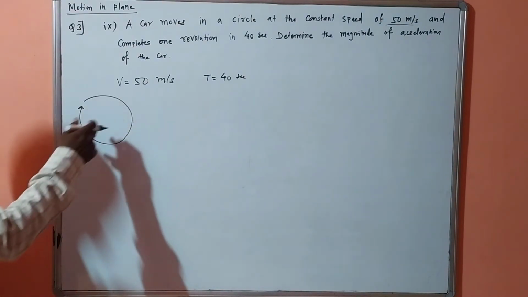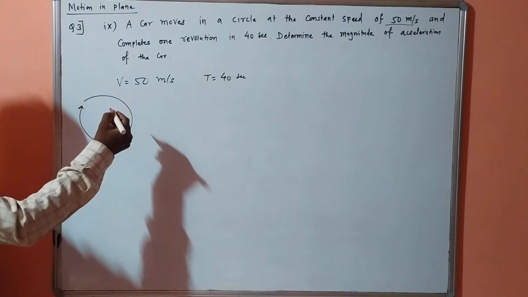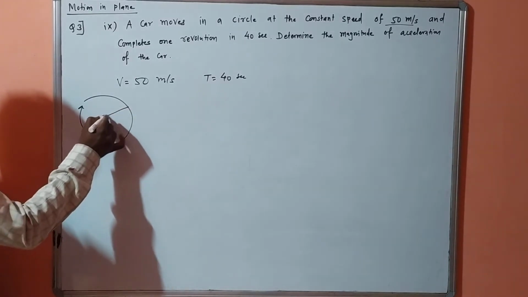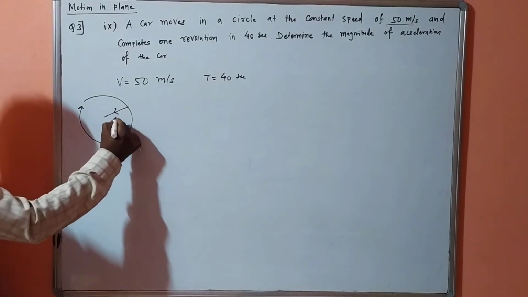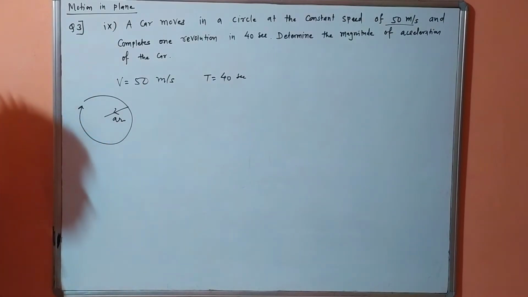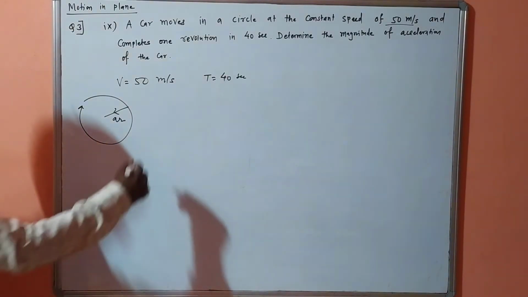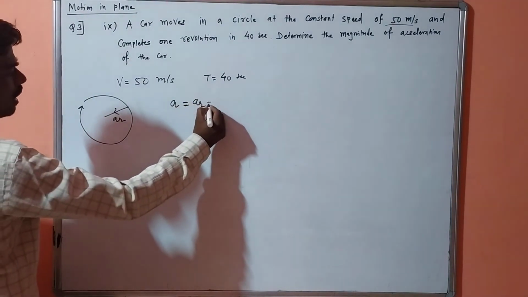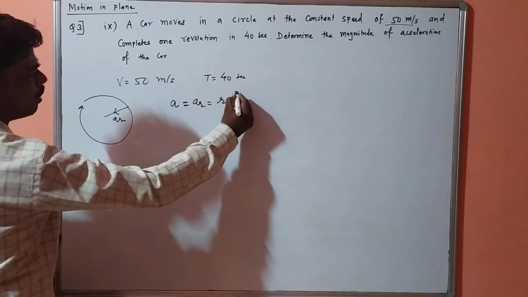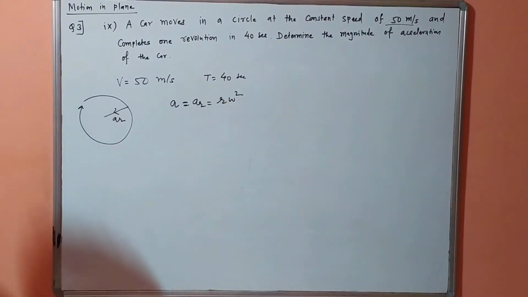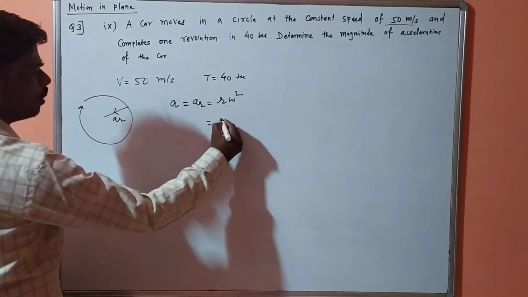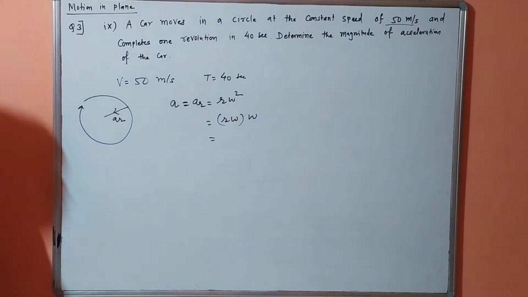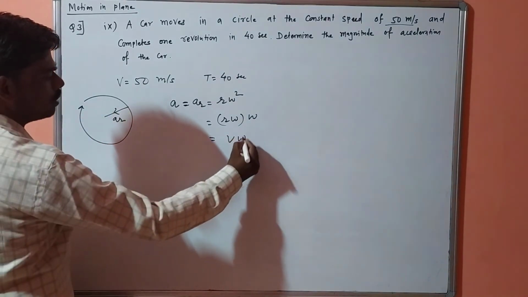So during this circular motion, if any object is performing motion with constant speed, then we know that only one type of acceleration is acting on the body, that is radial acceleration. Tangential acceleration is 0 here. So the acceleration acting on the car is nothing but radial acceleration, and it is given by the formula r omega square. So we can write r omega into omega, and r omega is nothing but v, which is given to you.